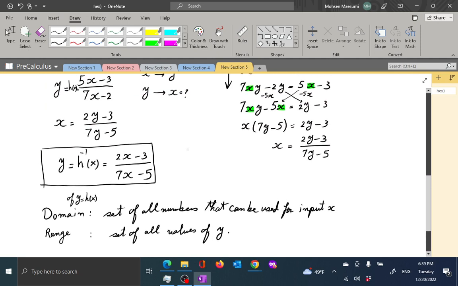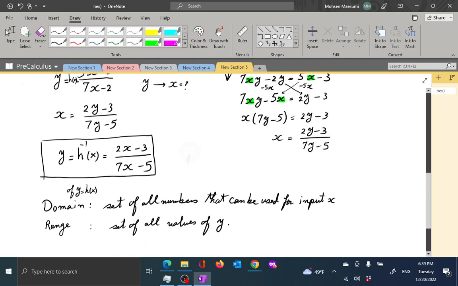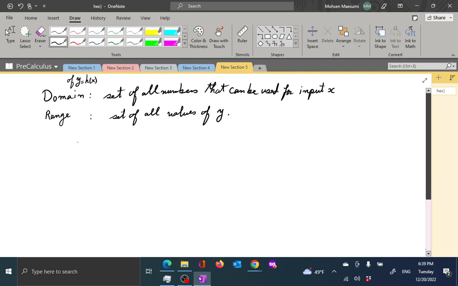So let me write my function again. My function was y is equal to h of x is equal to 5x minus 3 over 7x minus 2. The easy question is what is the domain of our function h?